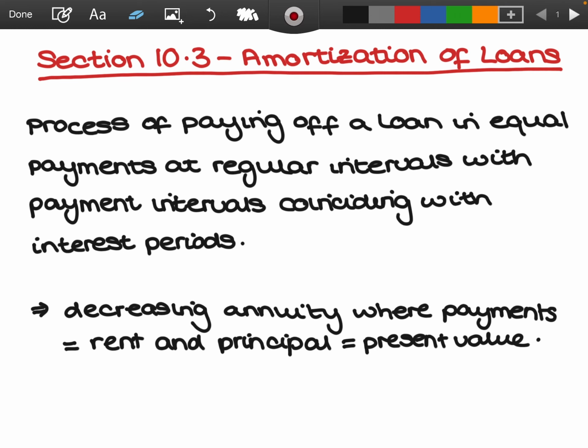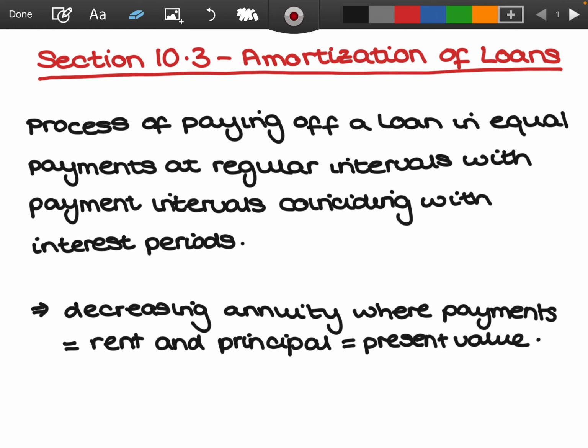It's just an opposite transaction to what we had when we were dealing with decreasing annuities before, where we gave the bank a lump sum and we were taking money out of the bank at regular intervals. This time the bank is paying us a lump sum and we are paying back the bank at regular intervals, but still that account will go to zero. So it's just a fancy decreasing annuity where payments are made the other way around.